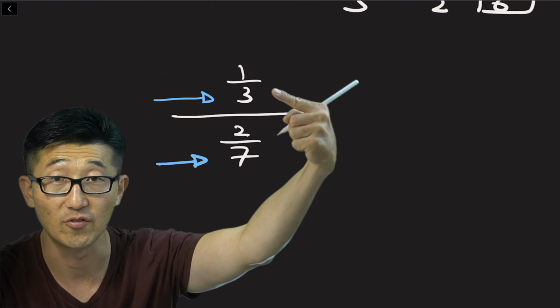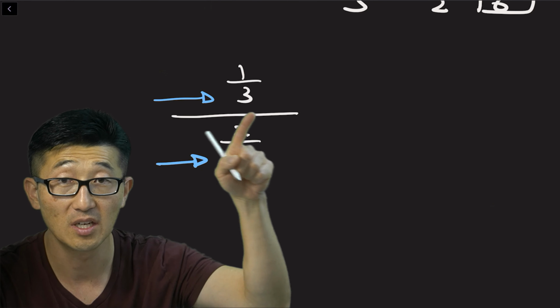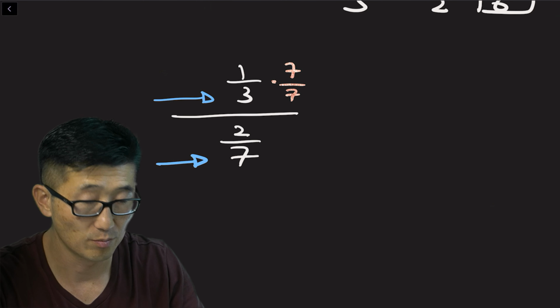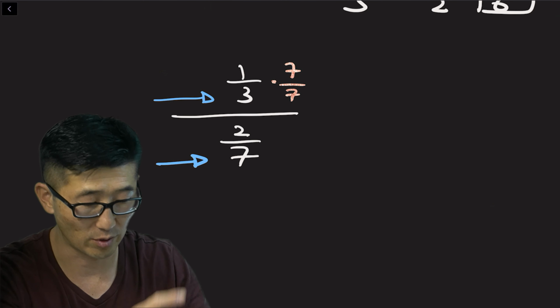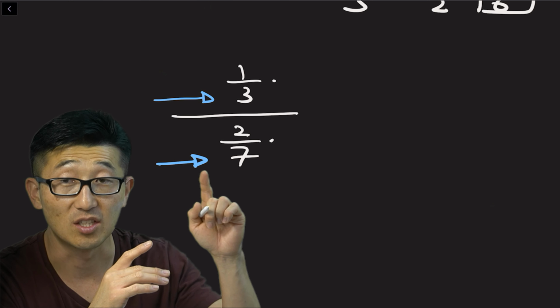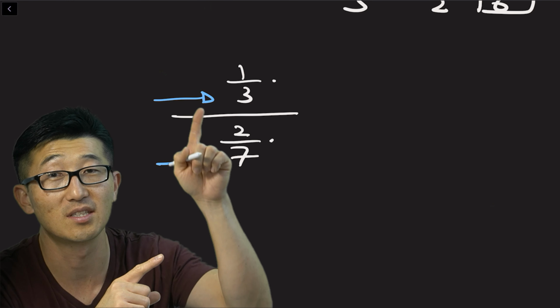Or how would we turn them into common denominators? Well, if you have a 3 here and 7 here, the 3 needs a 7, so I'm going to multiply 7 over 7. But I'm not going to do it that way, actually. Let me scratch that. The common denominator is 21.